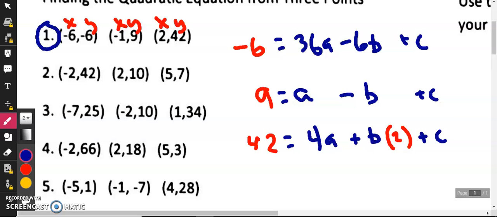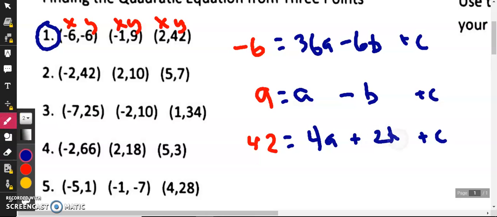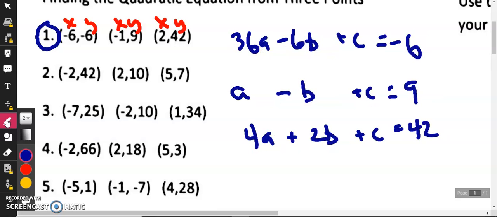And then I know that b times 2 would just be 2b. So now I've got each row simplified, and I know that when I'm doing systems of equations like this, it usually makes more sense to have the equation on the left and the number it's supposed to equal on the right. So I'm just going to go ahead and rewrite that really quickly.